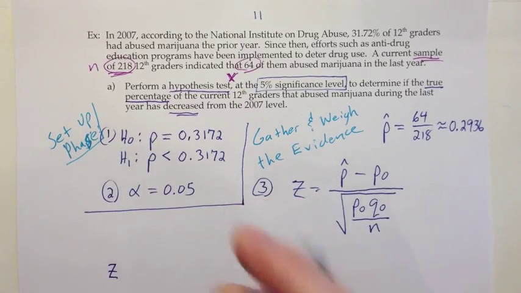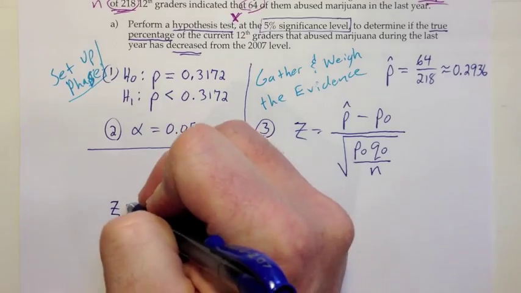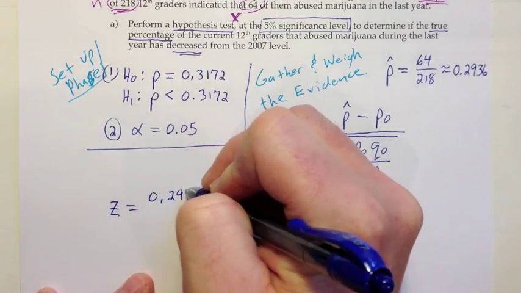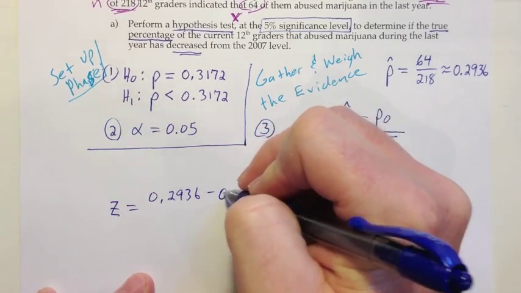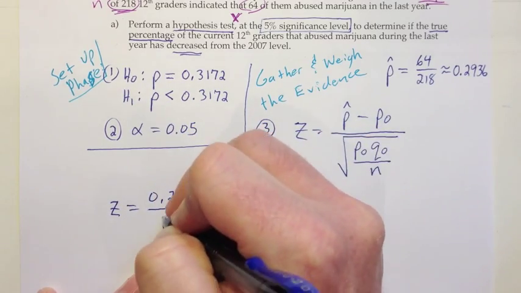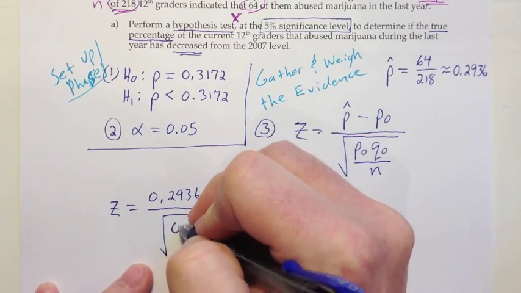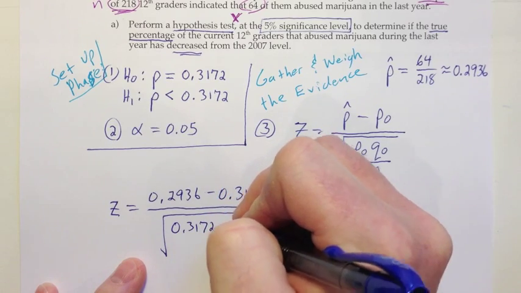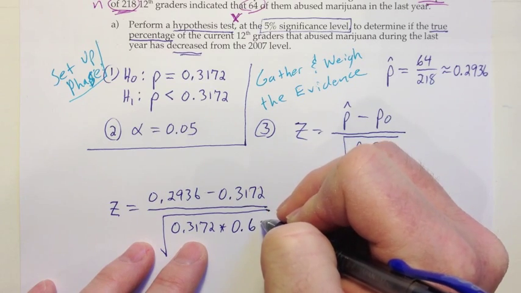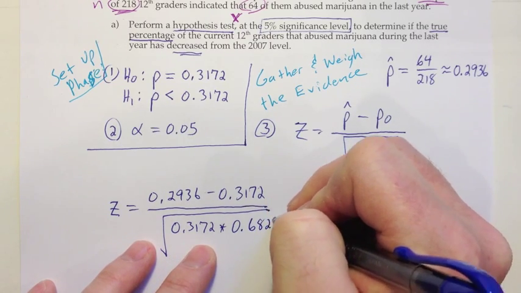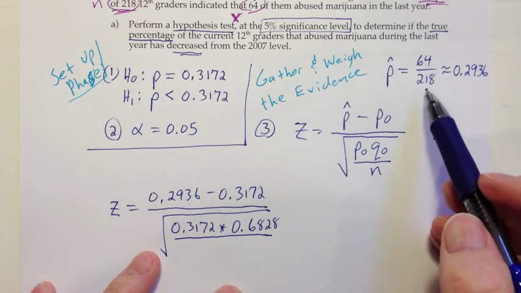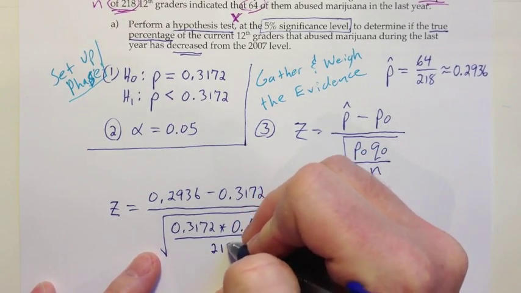Continuing on with this step, z would be p-hat, 0.2936, minus the claim value from H0, which is 0.3172, and then we divide all that by the square root of the claim value, 0.3172, times 1 minus that, so 0.6828, and then divide that by n, our sample size, which we already found when we did p-hat to be 218.